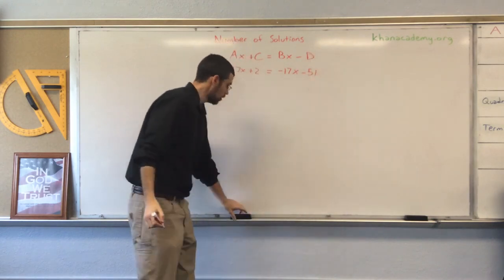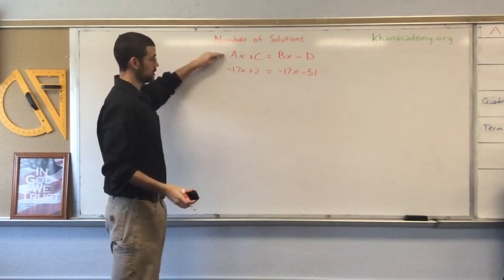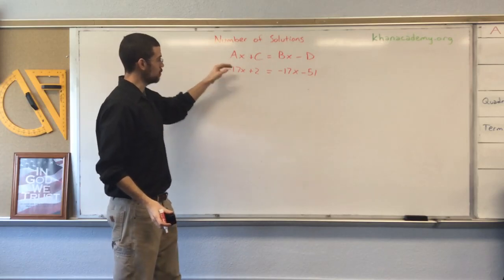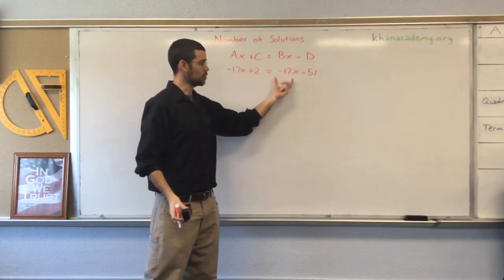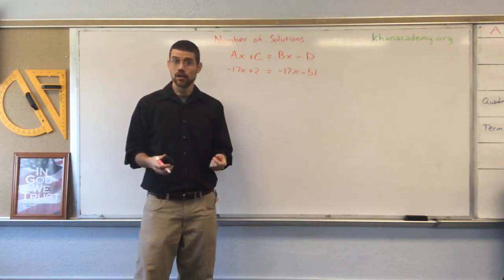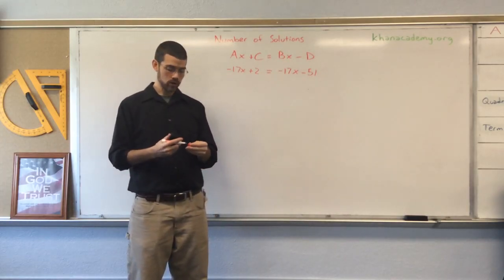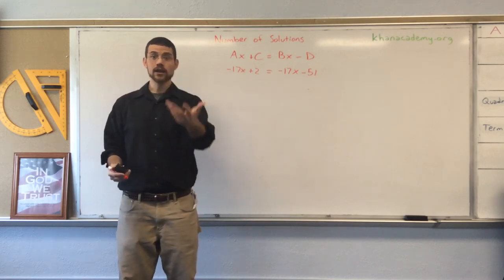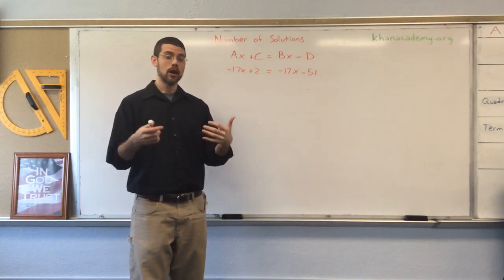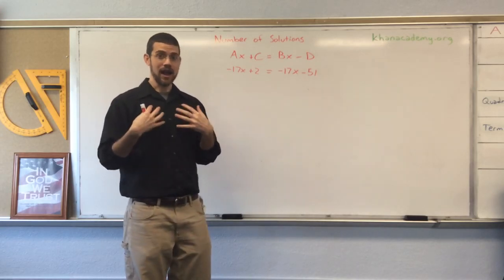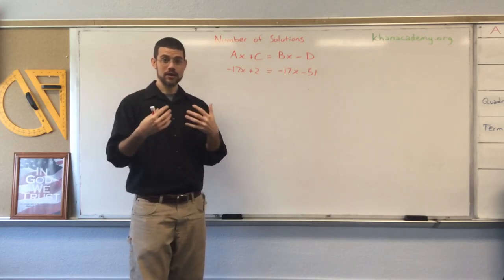Okay, so here's a general equation that has a particular case where a is negative 17 and b is also negative 17. That's okay. The same number can have more than one name. Just like I can have a different name, and it's still my name.